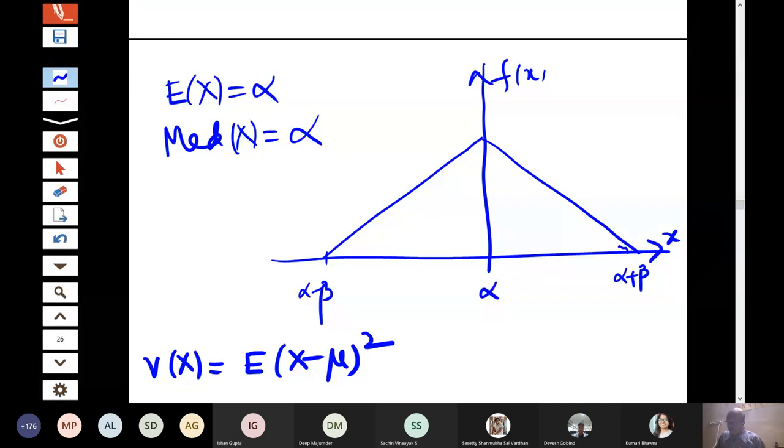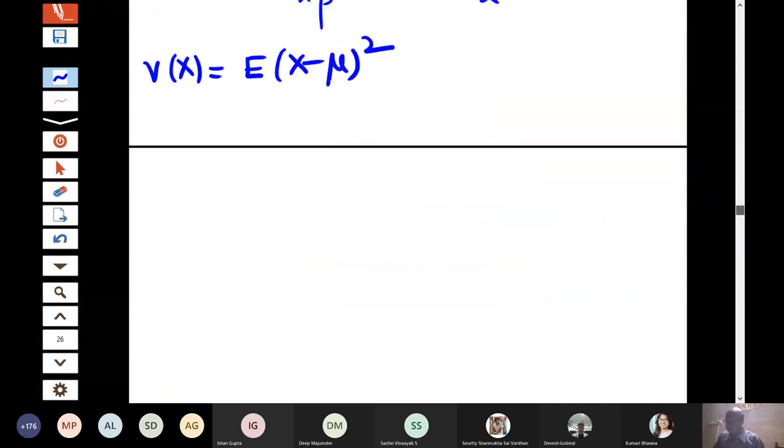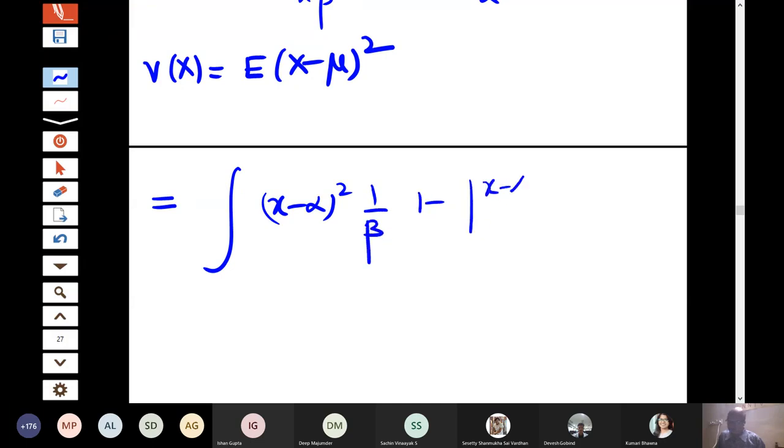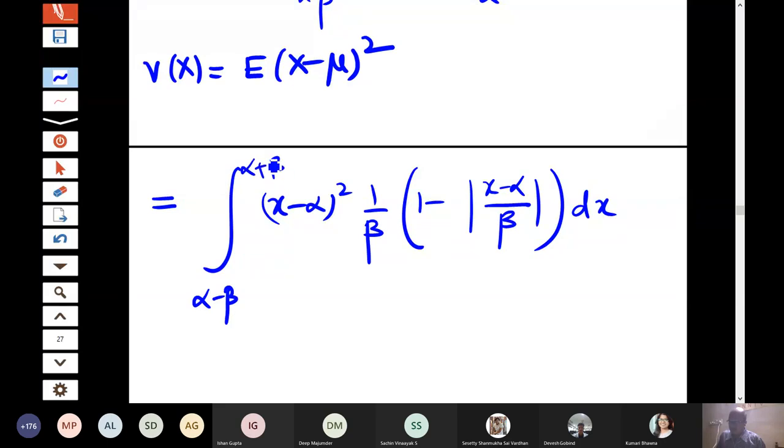So this is equal to the integral of (x minus alpha) square times 1 by beta times (1 minus mod of (x minus alpha) by beta). This integral is from alpha minus beta to alpha plus beta.